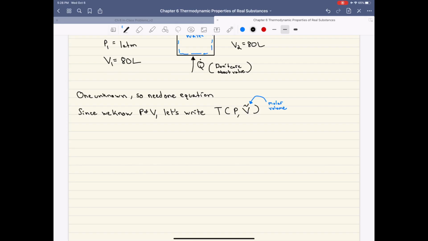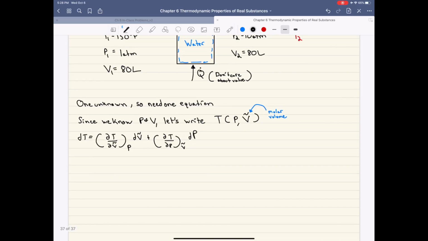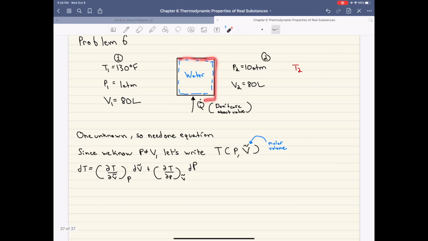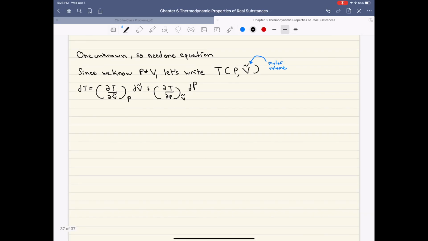If we're defining temperature as a function of pressure and molar volume, if we write out its total derivative, it would look like this. Now once again, in this system it's a rigid tank, and so regular volume, the actual V, is going to be constant.